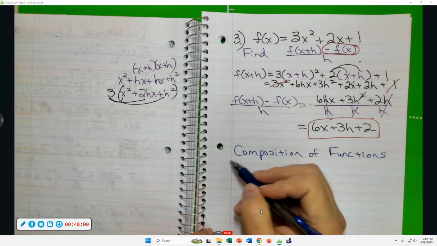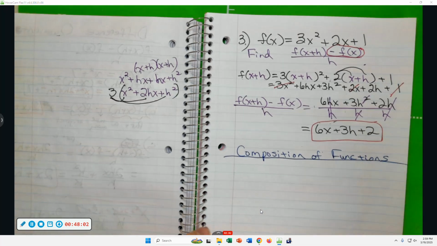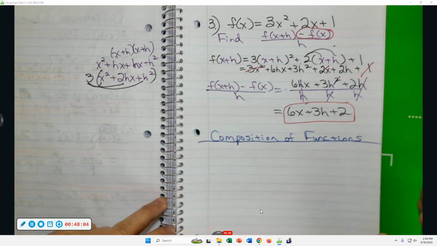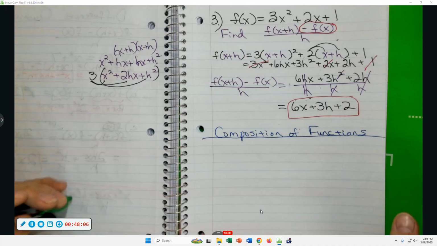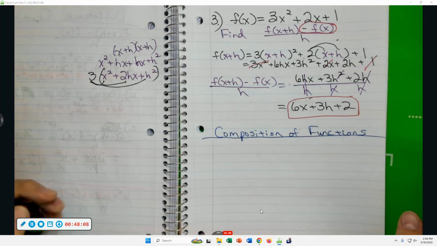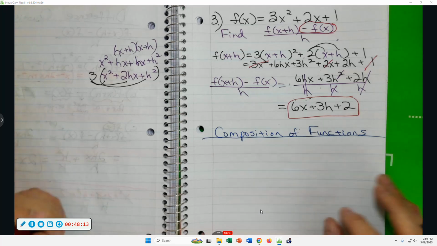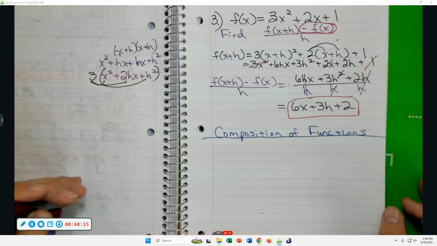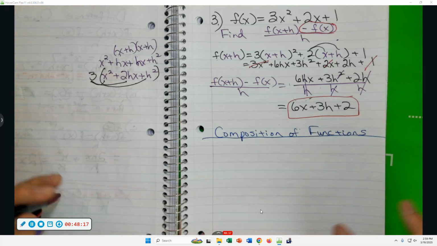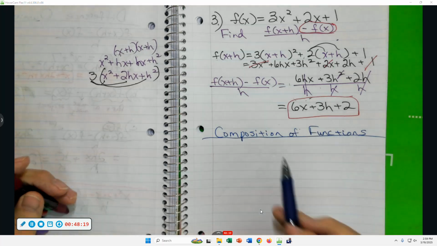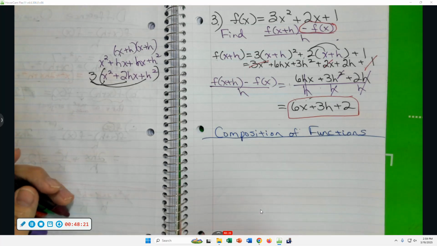Composition of functions is a new operation that's unique to functions. It can't be applied to the real numbers or imaginary numbers. Addition, subtraction, multiplication, and division have their origin just with real numbers. But composition only works with functions.